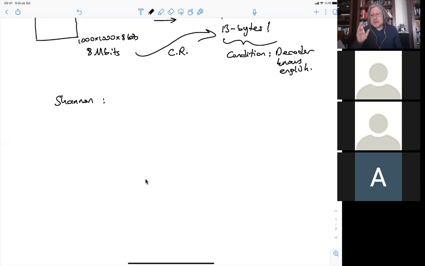And those alphabet symbols have probabilities. The ith symbol has a probability of pi. And the size necessary for the transmission of this symbol, due to Shannon, is the logarithm of pi.